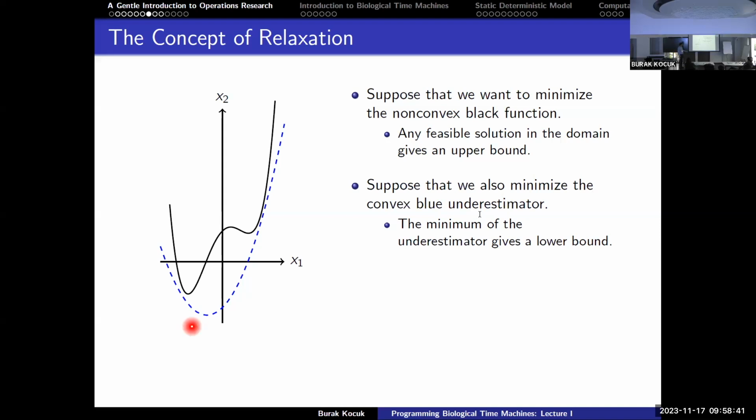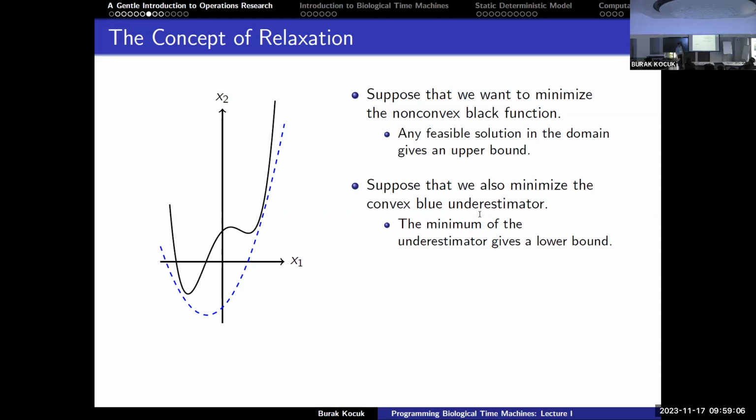Now you're in the game, because this will give you a lower bound for the optimal value. It might be a little bit far, but this gives you a benchmark. And you have an upper bound, and then you can compare. Of course, the trick is how do you find this blue function? There are ways to do it.